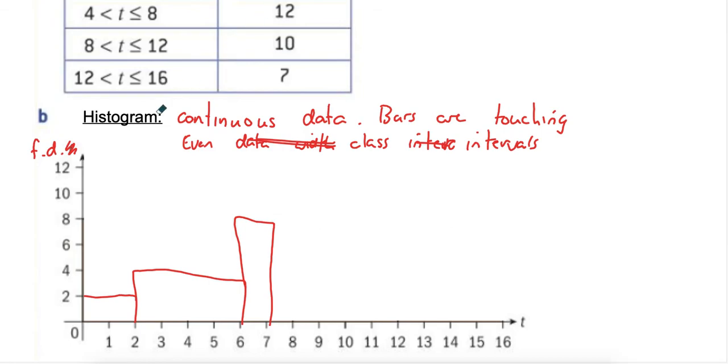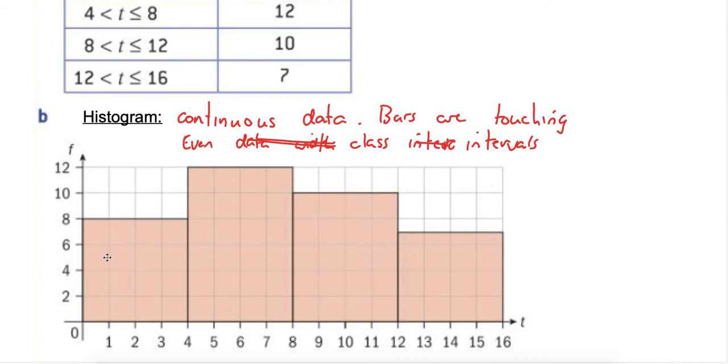Well, good news for you is that at IB you don't need to worry about frequency density because you've always got even class intervals. The frequency on the y-axis is just the frequency.